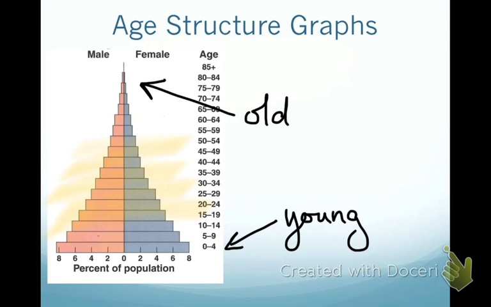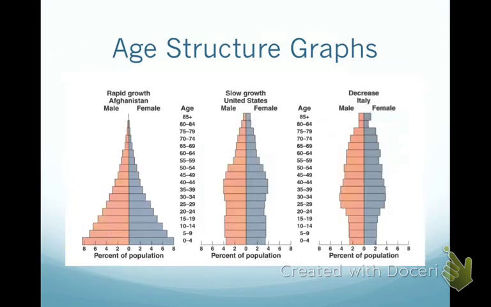So let's just look at a couple different age structure graphs just for humans. So you'll see the same one you saw before, which is showing you rapid growth, where you have a large number of young individuals and smaller percentages of the population as you go up. So you've got that inward slope.